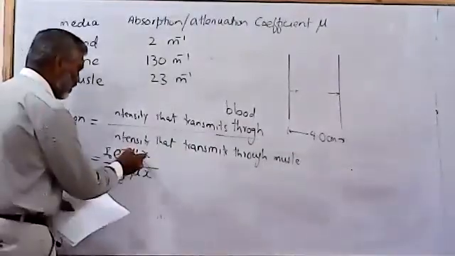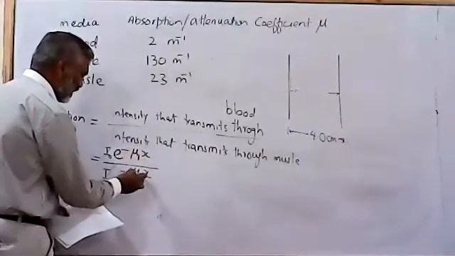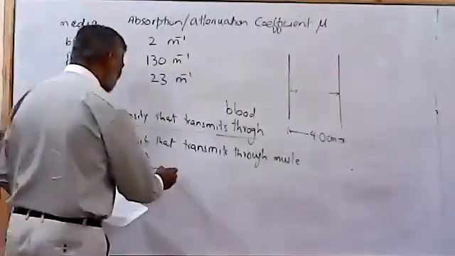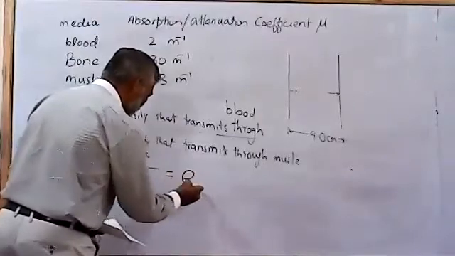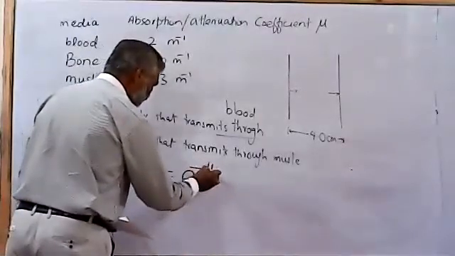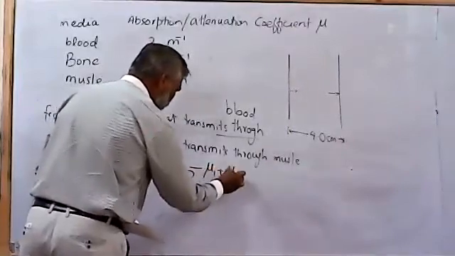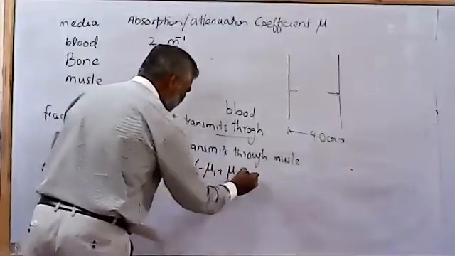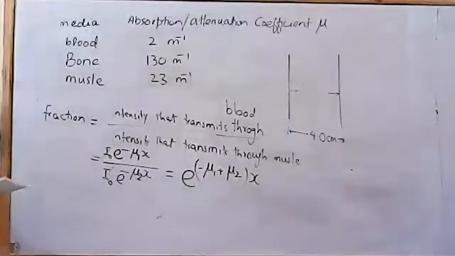The values of mu are different, so I write this as mu1 and this as mu2. And when I simplify this, I can write all this as e to the power minus mu1 plus mu2, and this x is taken common if this x is the same for the two.